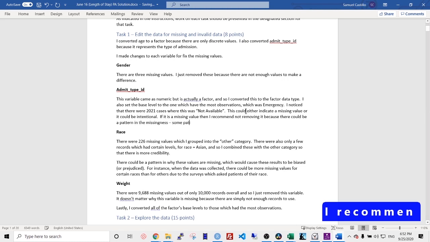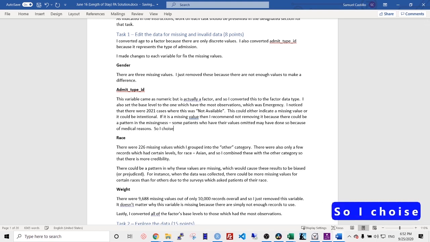Some patients who have their values omitted may have done so because of medical reasons. So I chose to include these values and test if they will be predictive.